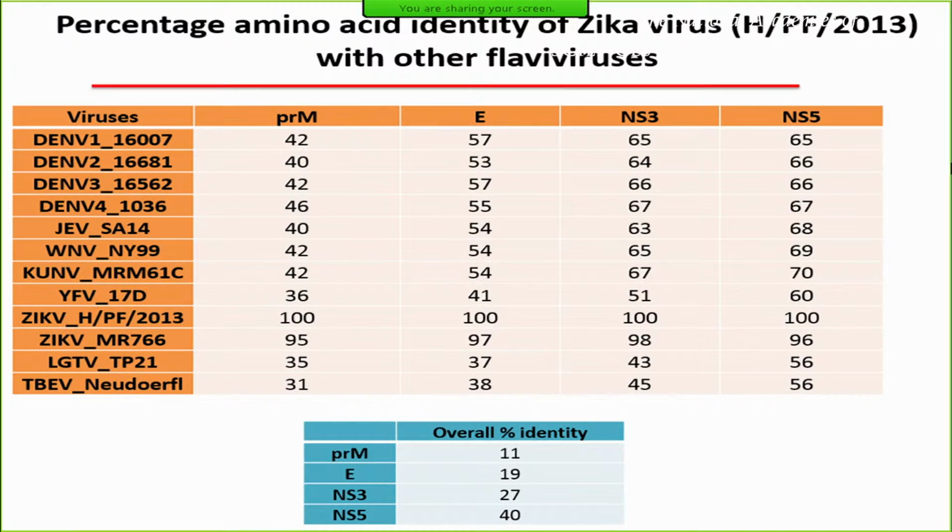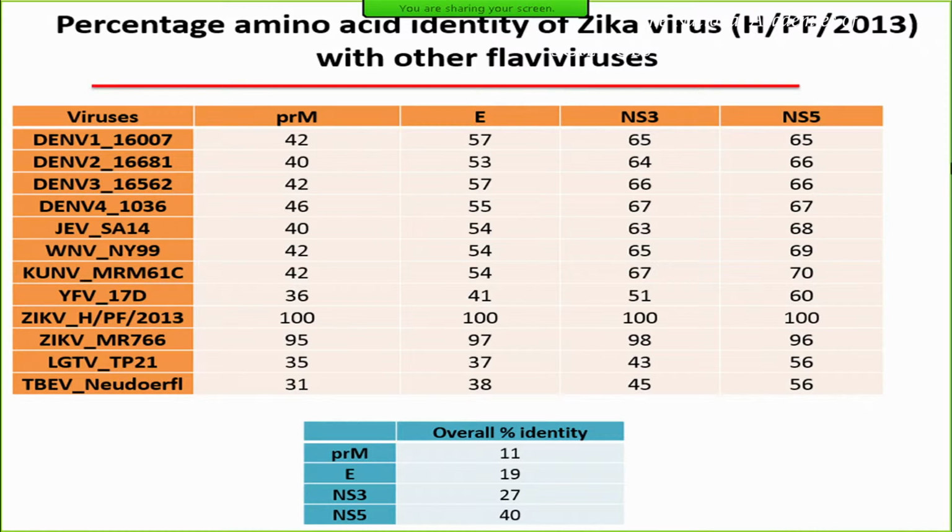Next slide, please. So this is just showing amino acid identity amongst the structural proteins PRM and E and some of the replication proteins NS3 and NS5 with Zika virus. And one thing that is perhaps striking is that there is fairly high conservation in the replication proteins, less conservation when we look at the structural proteins, and in particular the PRM protein has the least identity among the different viruses.